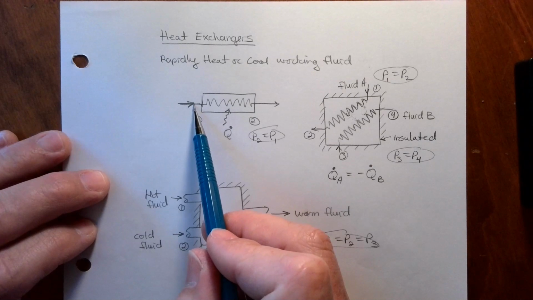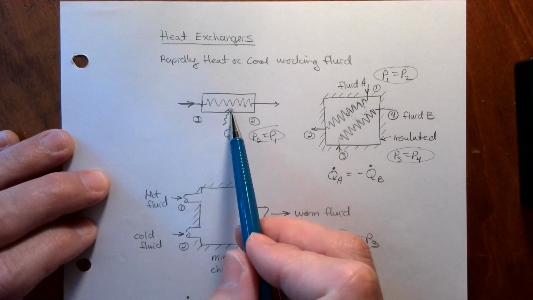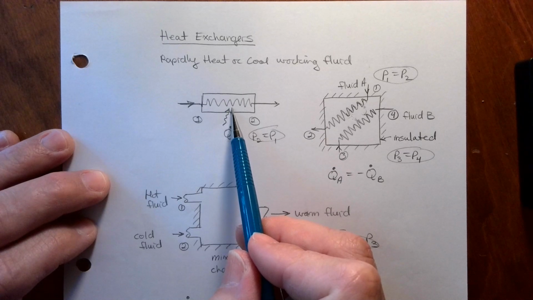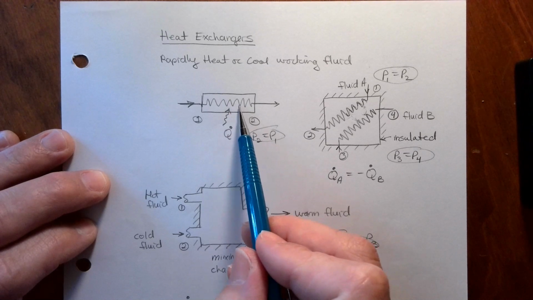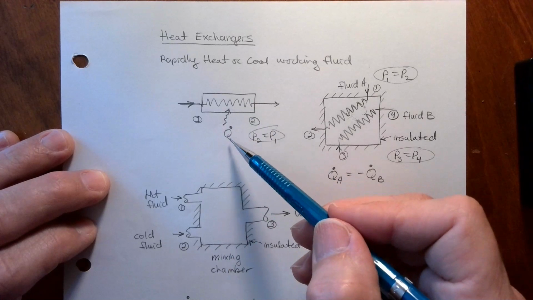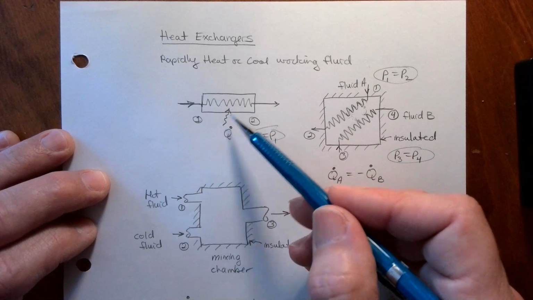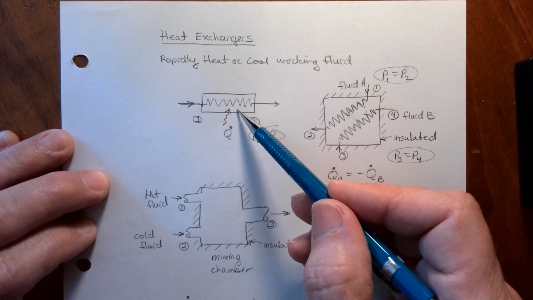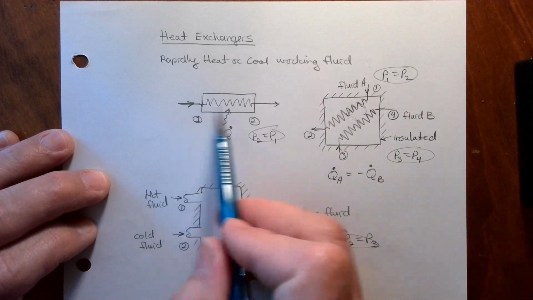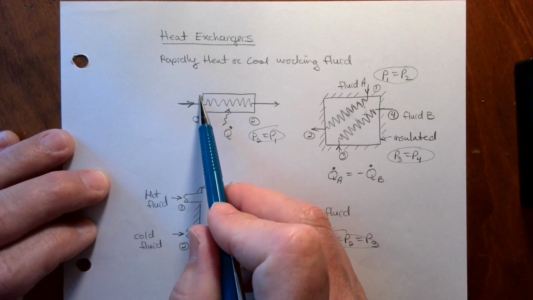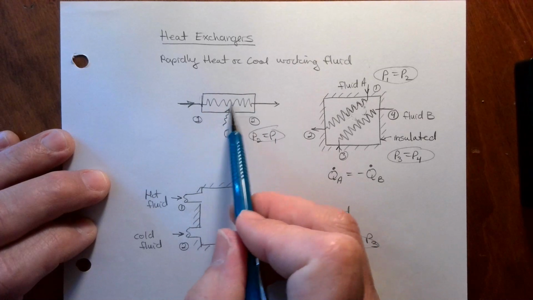pipe, basically, and the outside of the pipe is exposed to a different temperature than the fluid is at. So if the surrounding temperature is very, very hot, we can heat the fluid. If the surrounding temperature is cold, we can cool the fluid down. So flow comes in. I draw it as a box with squiggles through the middle.